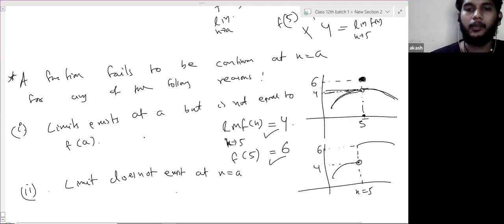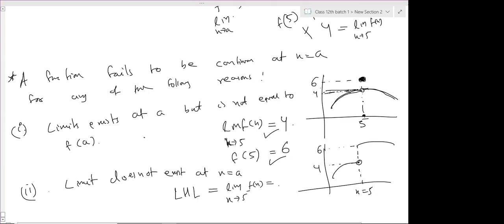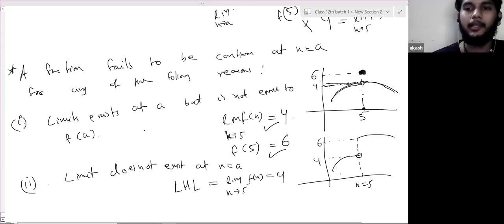All right. So here LHL, can anyone tell me what is the value of LHL at x equals to 5? 4. Because slightly lesser than 5, if you move, then the graph will be 4. And RHL, limit x tending to 5 plus f of x.